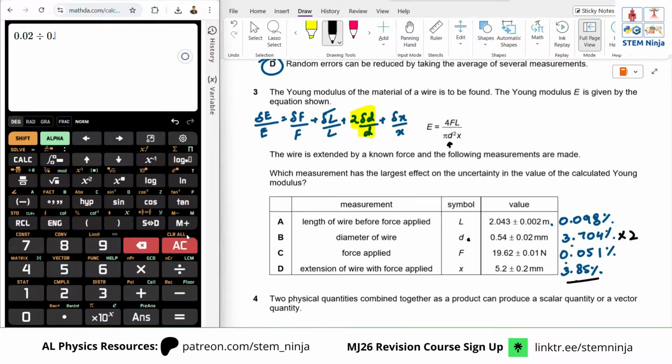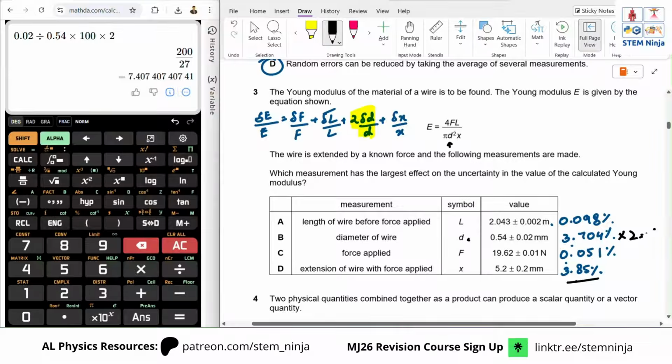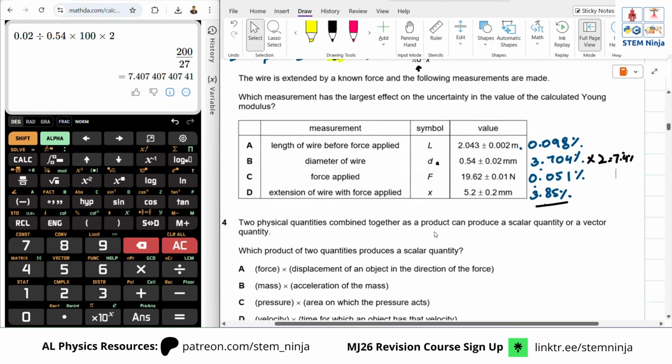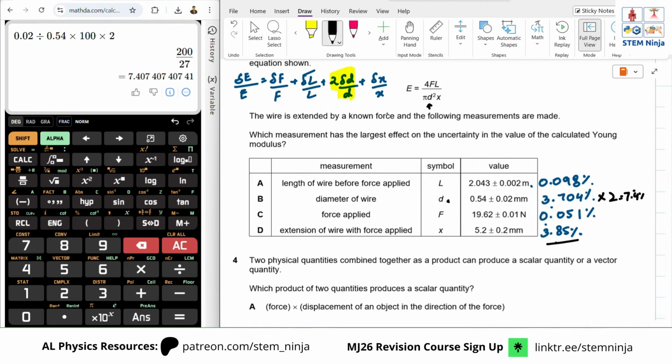So divided by 0.54 times by 100 times by 2, this would be 7.4%. So this has the largest effect on the percentage uncertainty of E, so diameter of the wire.